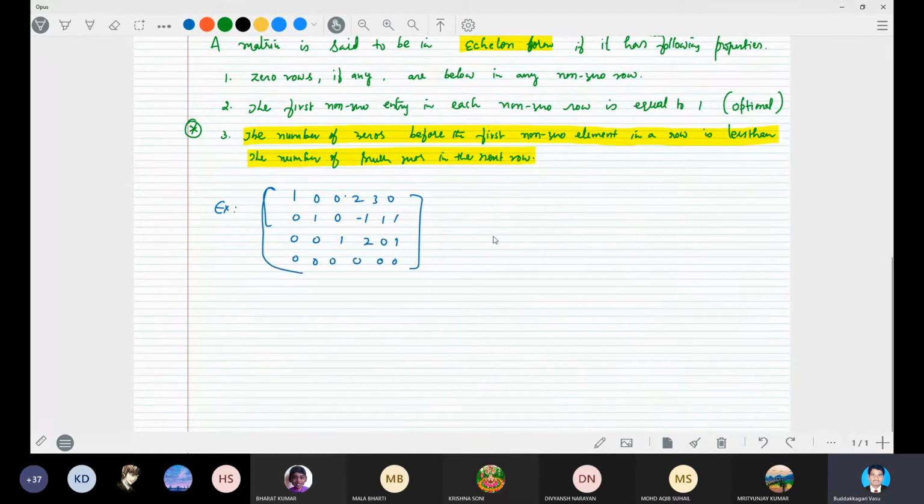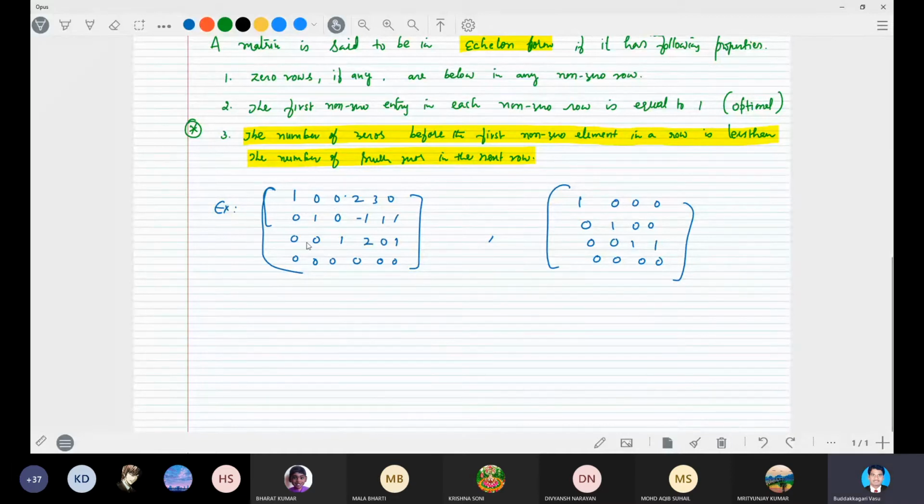You tell me, this is one matrix, and another one: 1 0 0 0 0, 1 0 0, 0 0 1 1 0 0. Right, these are the two examples we can see over there.